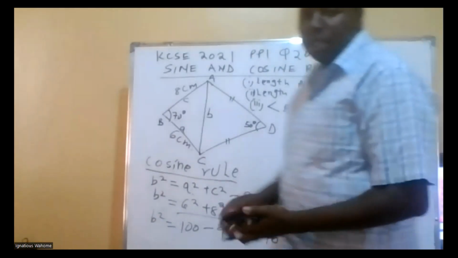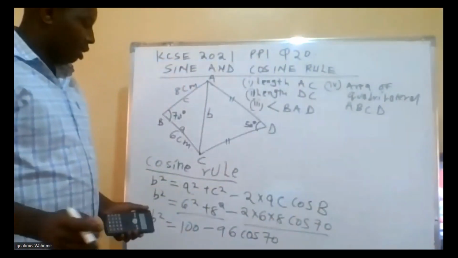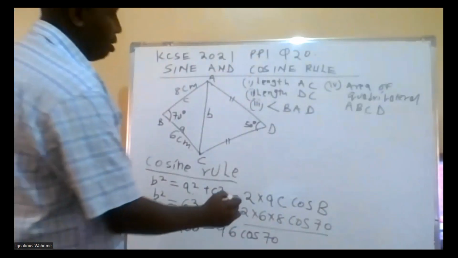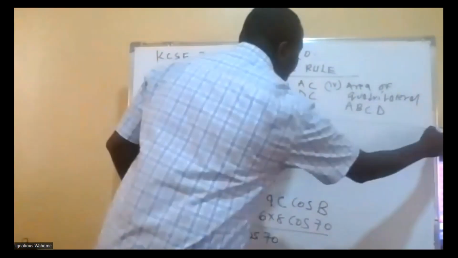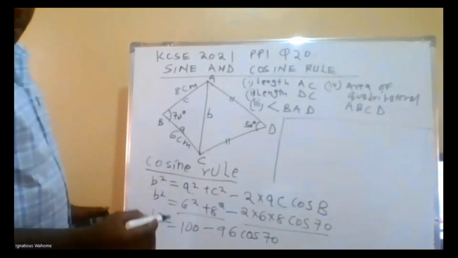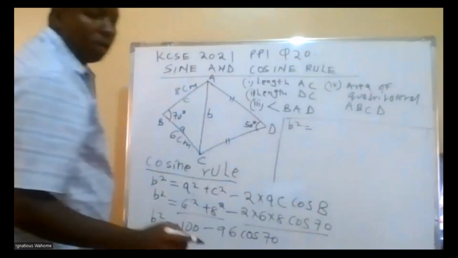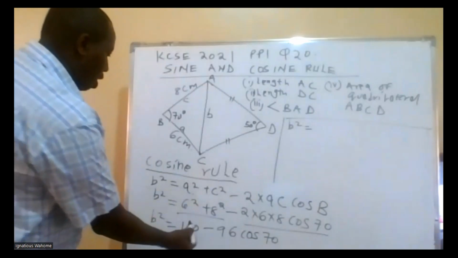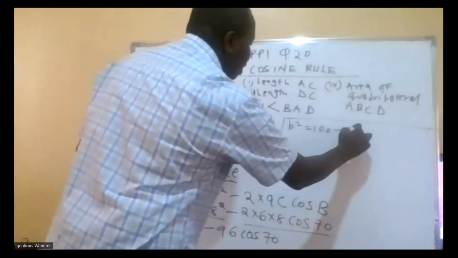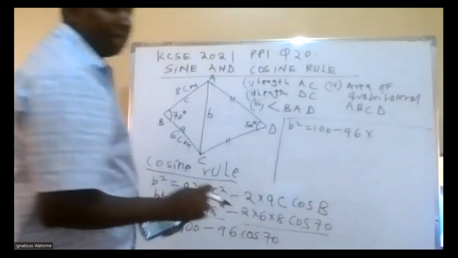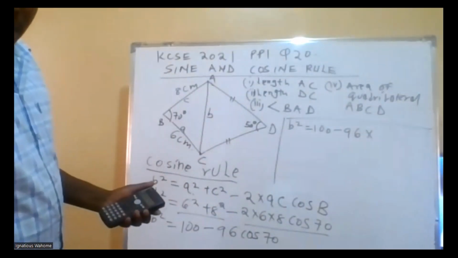So what is cos 70? Get the value of cos 70 there. So b squared is equal to 100 minus 96 times cos 70.